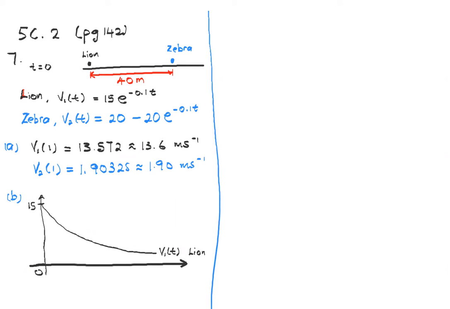You say, as time passes, the velocity approaches 0 from above. So the velocity of the lion approaches 0 from above, which means that the velocity is always positive.